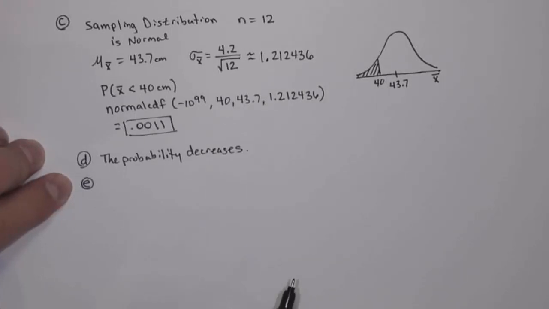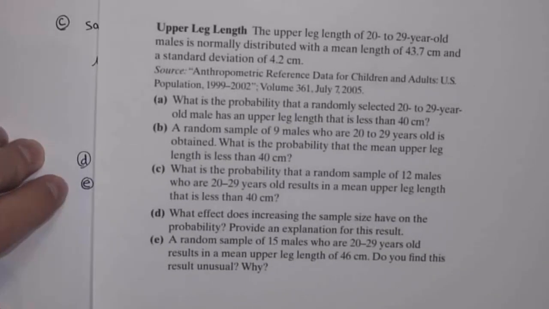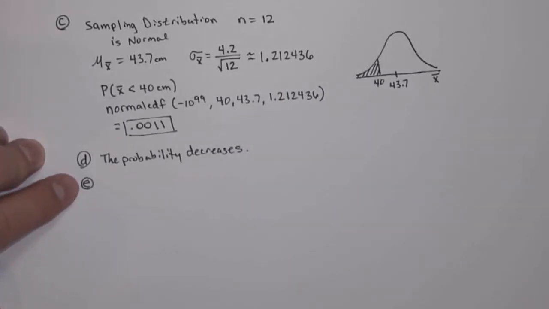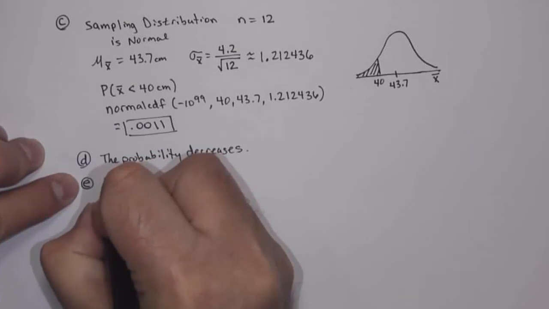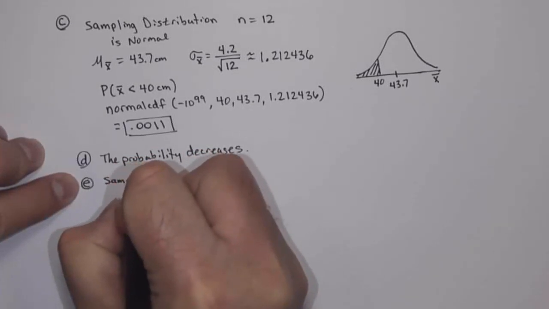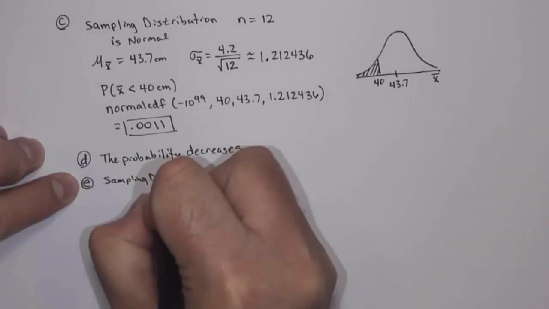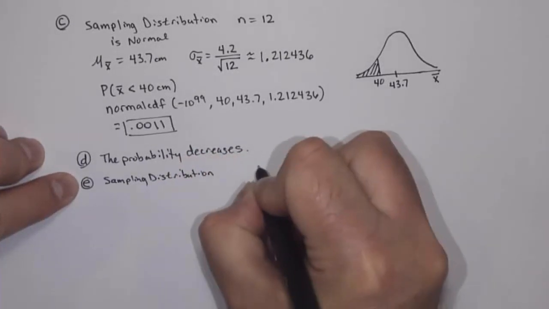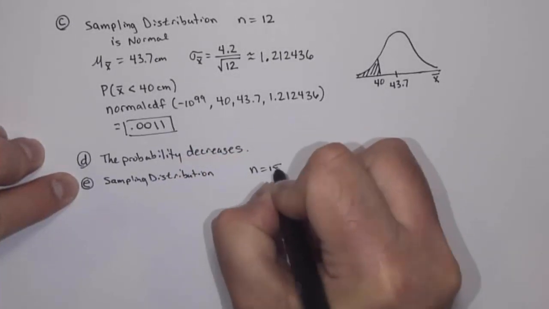So first of all, notice we have in this problem again a sample of 15. So once again, we have a different sampling distribution, but our sample size is 15.